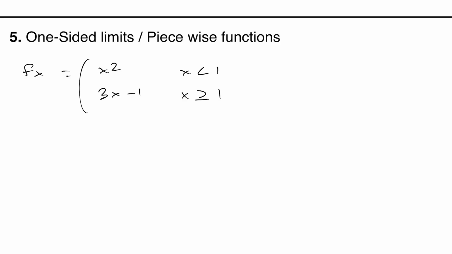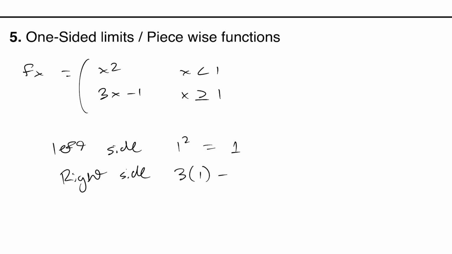So when we do that, from the left side, 1 squared is going to be equal to 1. And then from the right side, 3 times 1 minus 1 is going to be equal to 2.